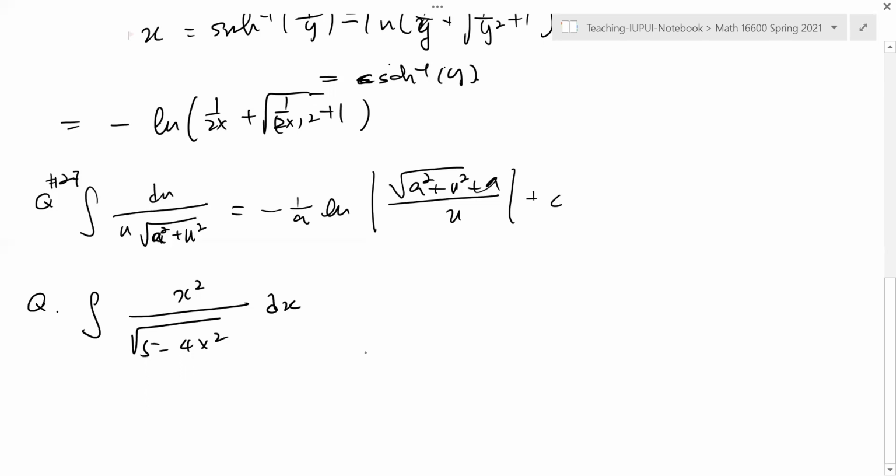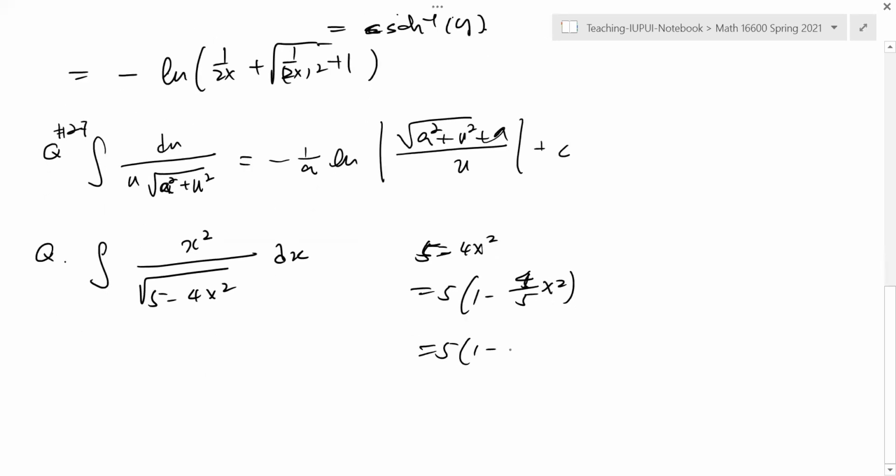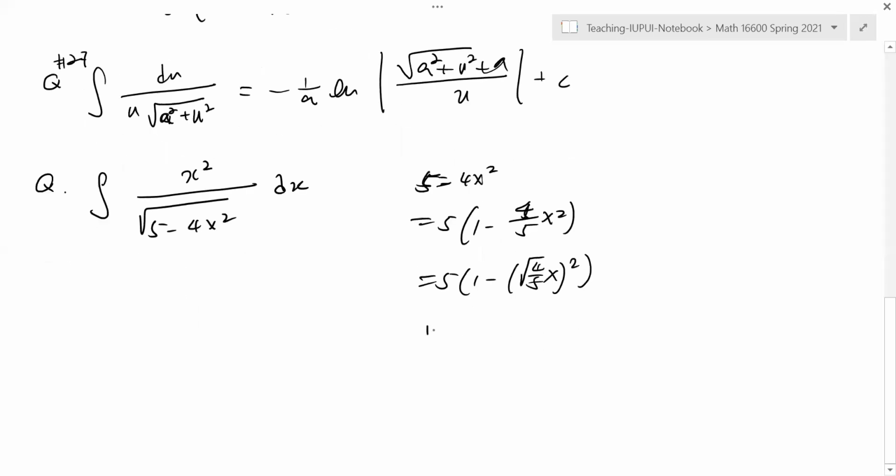So the natural substitution you can choose is, because of 5 minus 4x squared, you have to use the substitution to get rid of the constant. So I take a 5 out, it's 1 minus 4 over 5 x squared, right? And then it's the square root of 5 times the square root of 1 minus the square root of 4 over 5 x, squared. So it's natural to use this substitution.